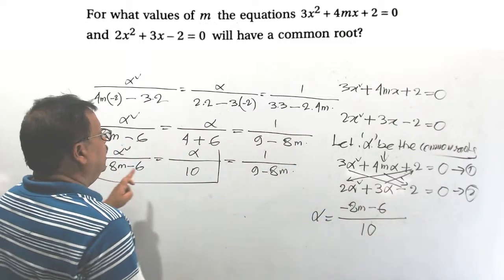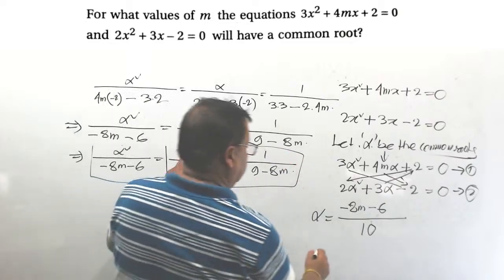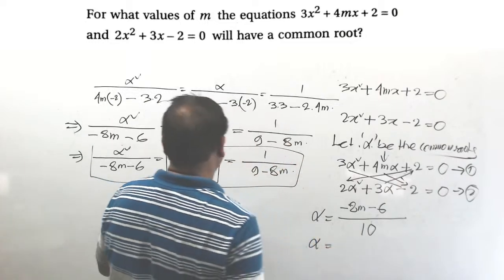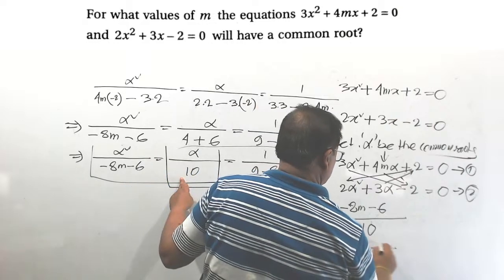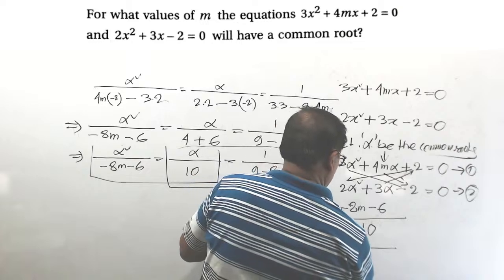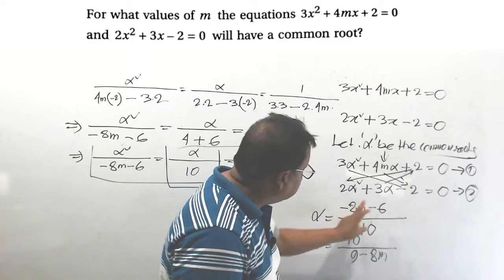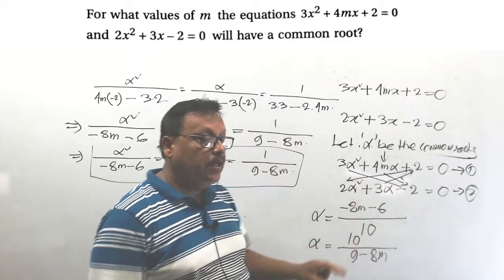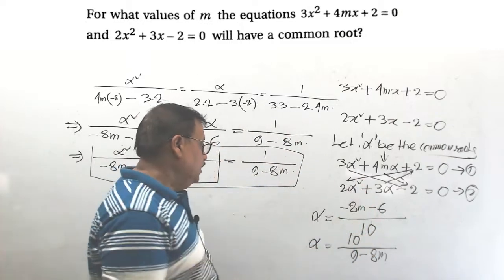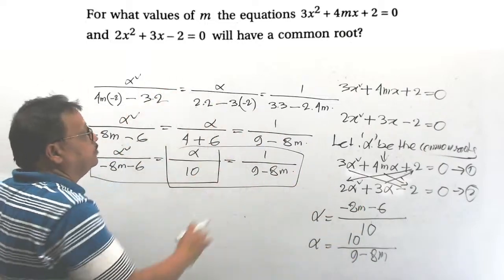Okay, now compare these two. Alpha is equal to 10 divided by 9 minus 8m. Understood? Alpha is equal to this, alpha is equal to this. Clear? Now I am erasing this part.